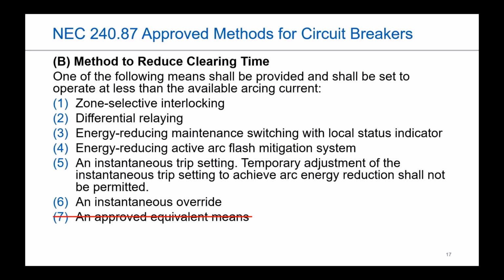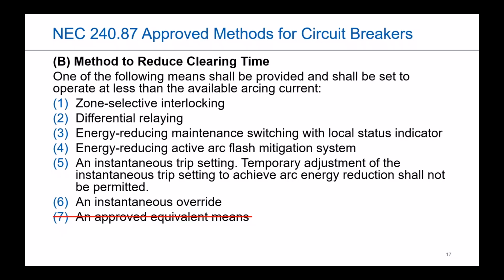The first one is zone selective interlocking, ZSI for short. Then you get into differential relaying, which is the 87 functionality you would see within a protective relay. Number 3 is energy reducing maintenance switching with a local status indicator. The name of that can vary by manufacturer, but typically, if you look at equipment, most manufacturers standardize on a blue light.